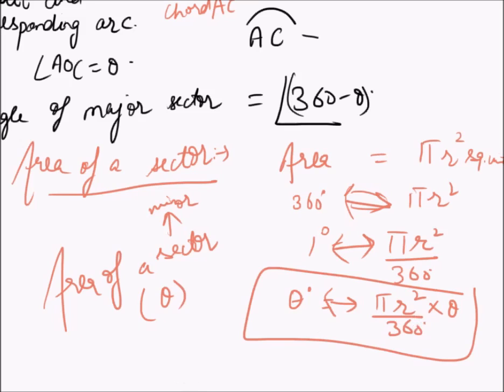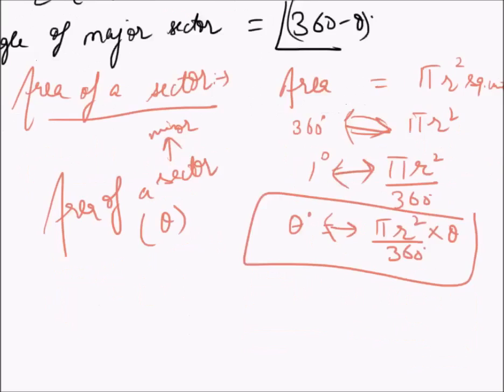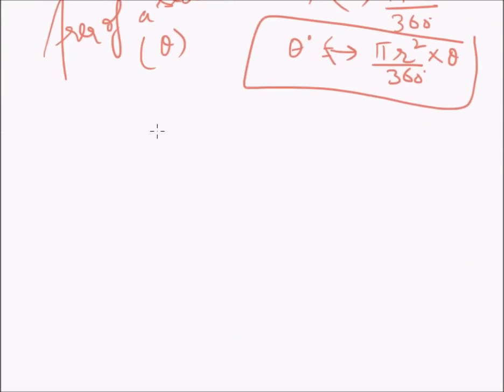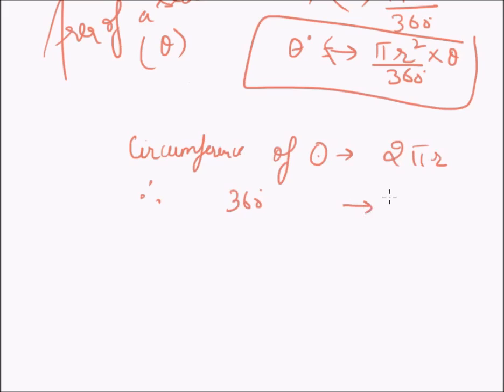Now similarly, what is the circumference or perimeter of the sector? We know that the circumference of a circle is 2 pi r. Therefore this belongs to 360 degrees.